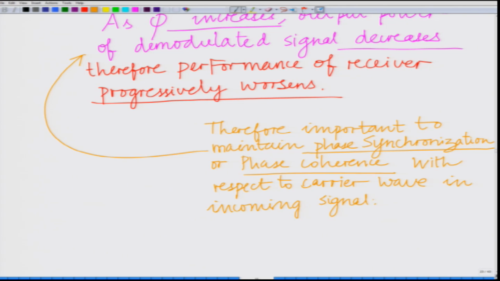Okay. So, in this module we have examined the impact of the carrier phase offset, the offset in the locally generated carrier at the receiver. What happens when the locally generated carrier used for demodulation at the DSB-SC receiver has an offset with respect to the carrier wave in the incoming signal.